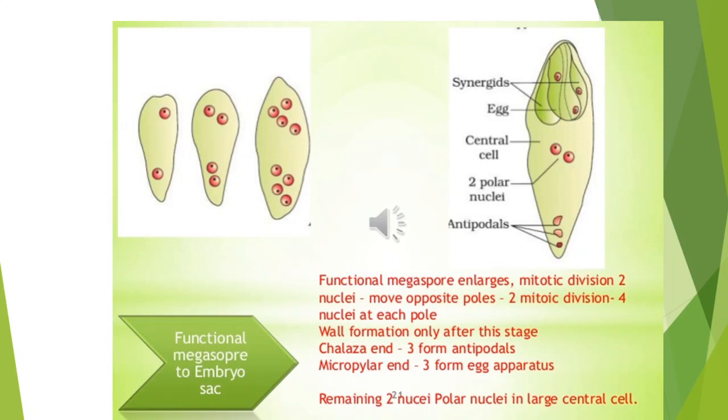This is the micropylar end. On the opposite side there are 3 antipodal cells, and in between there are the 2 polar nuclei. This whole structure is called the embryo sac, or the female gametophyte.